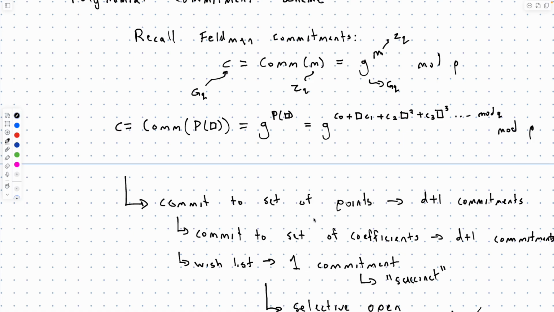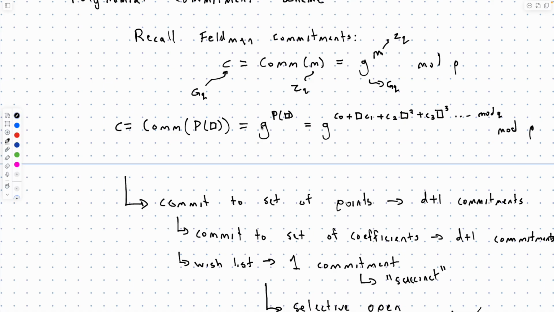I'm going to tell you what the answer is in two words, but I'm going to show it to you next week. The answer is somehow somebody's going to pick a random value tau that no one on Earth knows. And when I commit to the polynomial, even though I don't know the value tau, I'm somehow going to be able to plug tau in, and I'm going to get a commitment to my polynomial evaluated at this value tau.